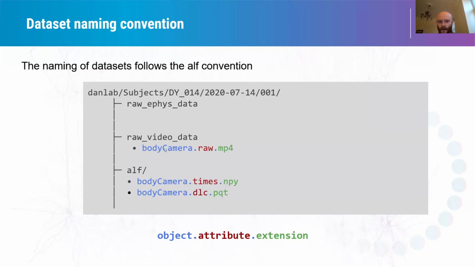Objects are basically the first part of each file name, and files within a session and a specific collection will always have the same leading dimension. So in this case, the object for the body camera is called body camera. And if you were to load bodycamera.times or bodycamera.dlc, you can be confident that the leading dimension is frames, and they'll both have the same number of frames in the file.